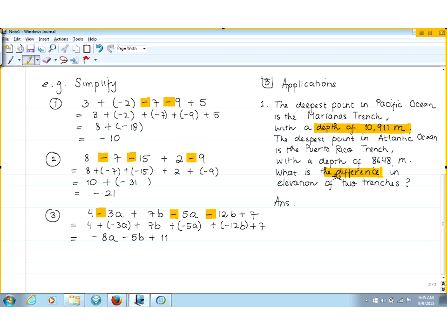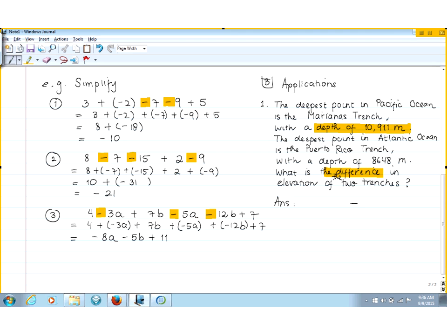So what type of operation is the difference? Subtraction. Yes. So what subtracted by what?